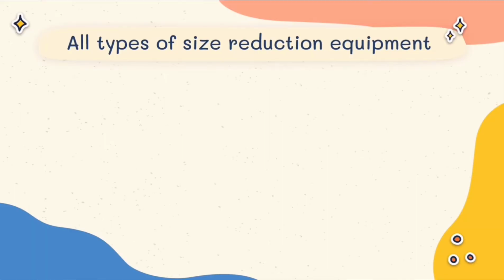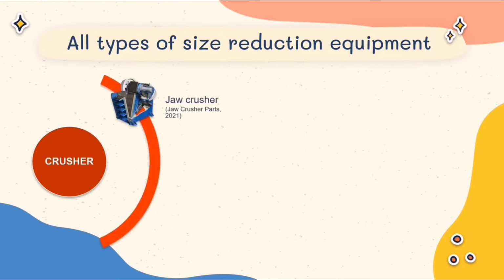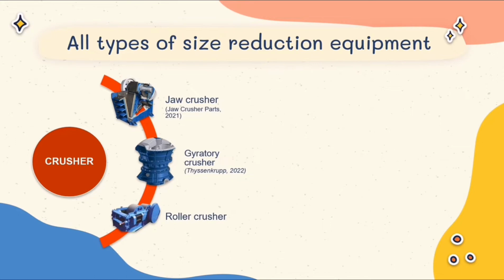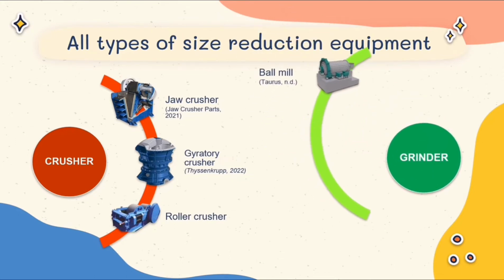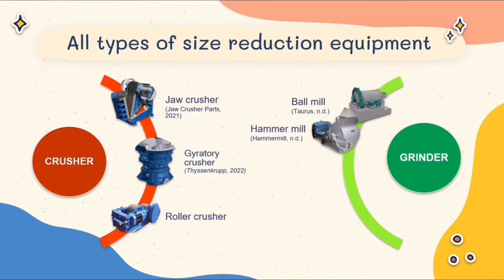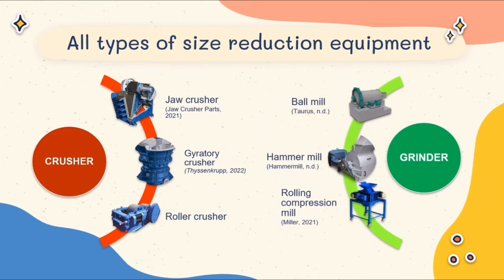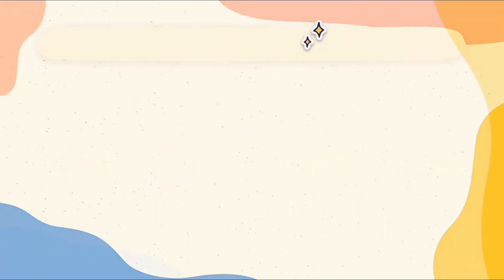There are 4 types of size reduction equipment: crusher, grinder, ultrafine grinder, and cutting machine. For crusher, it can be classified into jaw crusher, gyratory crusher, and roller crusher. Next, for grinder, it can be classified into ball mill, hammer mill, and rolling compression mill.